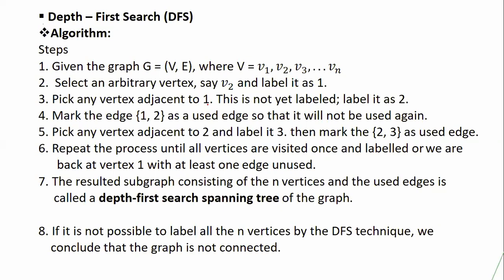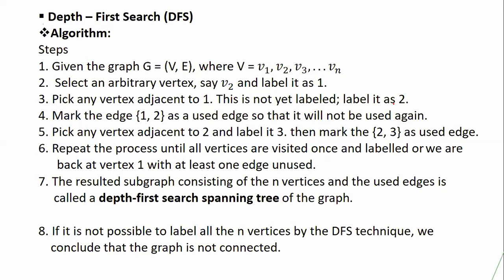That vertex may be adjacent to more than one vertex, so you look at the adjacent vertices and pick any one of them. Number that 2. Then you take the edge that connects 1 to 2 as used.